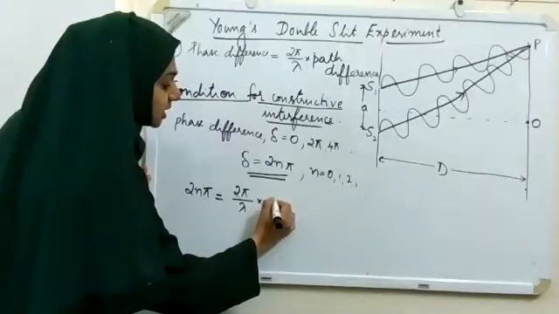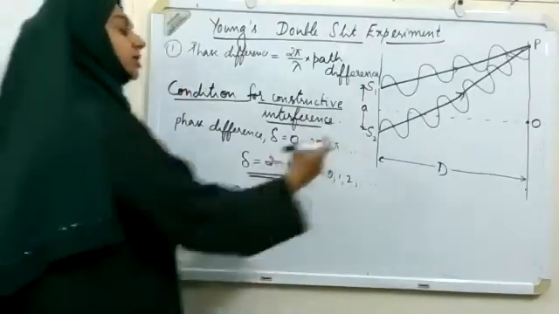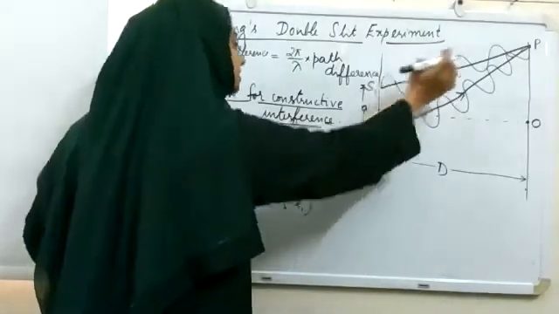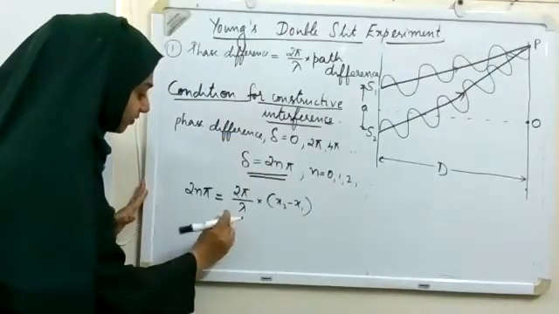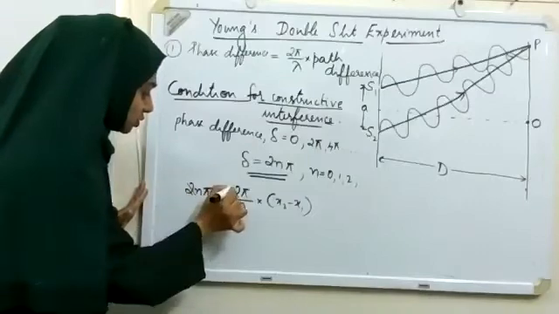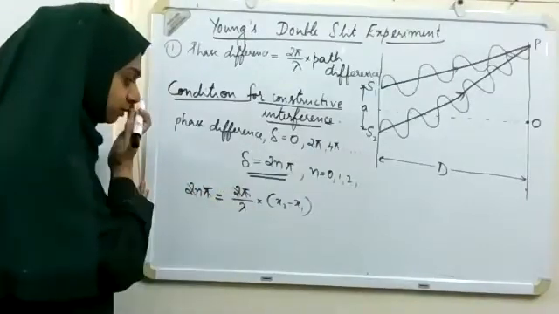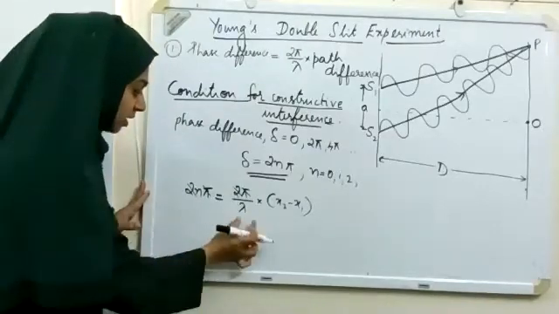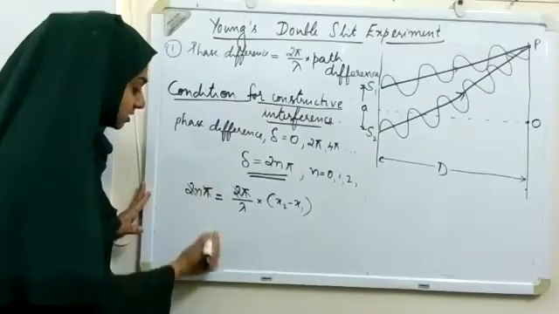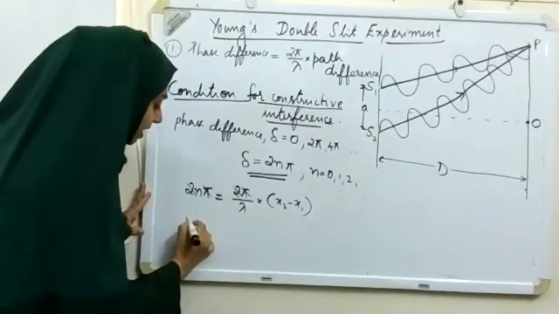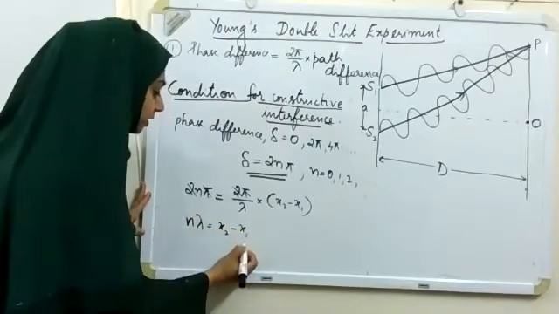So I am expressing path difference as x2 minus x1, or it can be S2P minus S1P. Here 2 comes on both sides, I can cancel. Pi comes on both sides, I can cancel. When I take lambda to this side, it will go to the numerator. So I have n lambda is equal to x2 minus x1.